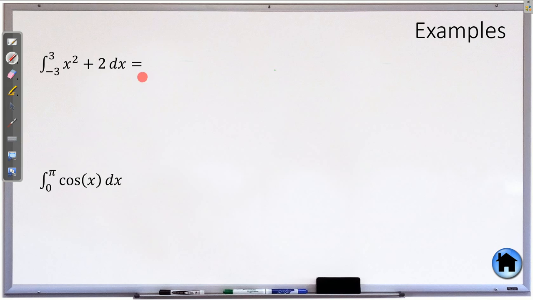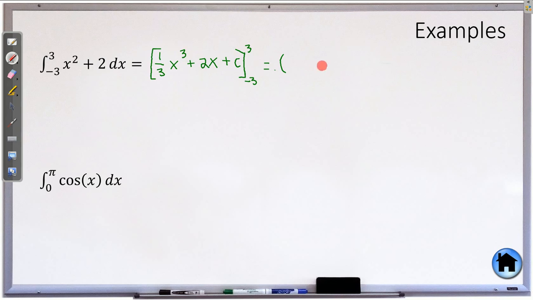The antiderivative here will be 1/3 x cubed plus 2x, and for this time we will put a plus c, but then we're going to plug in the ending point and the starting point and subtract. And the way we write that is we evaluate this from -3 to 3. You can just put them right there.